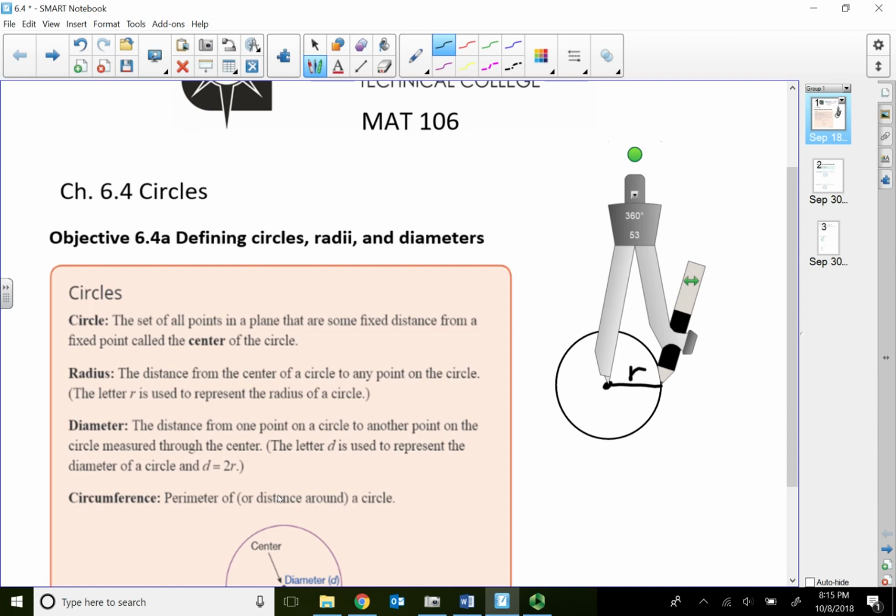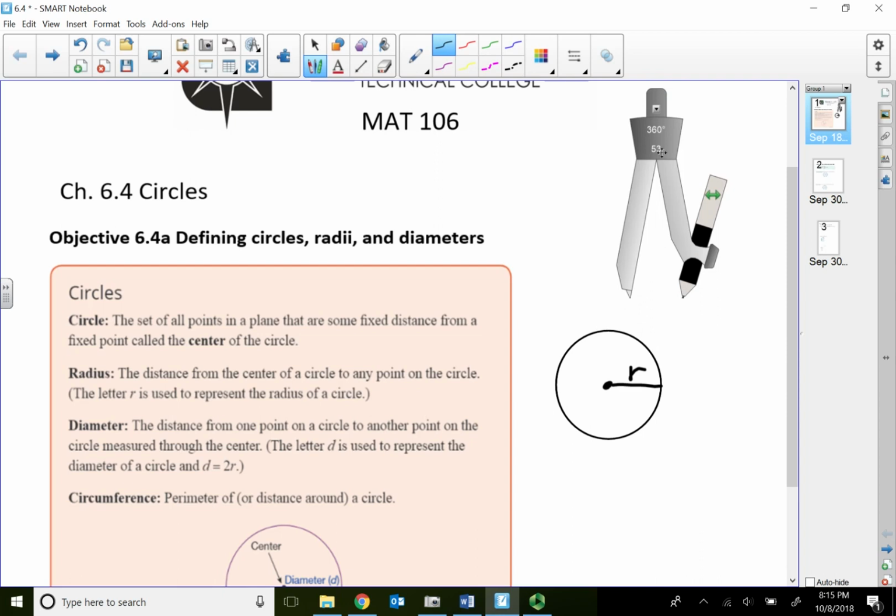A diameter is the distance from one point on the circle to another point on the circle, measured through the center. If I go from one point on the circle to another, and I pass through the center, then this segment, in geometry class, is called a chord.